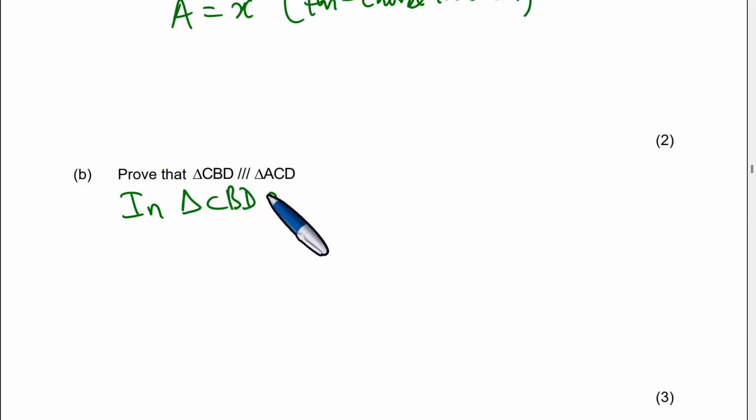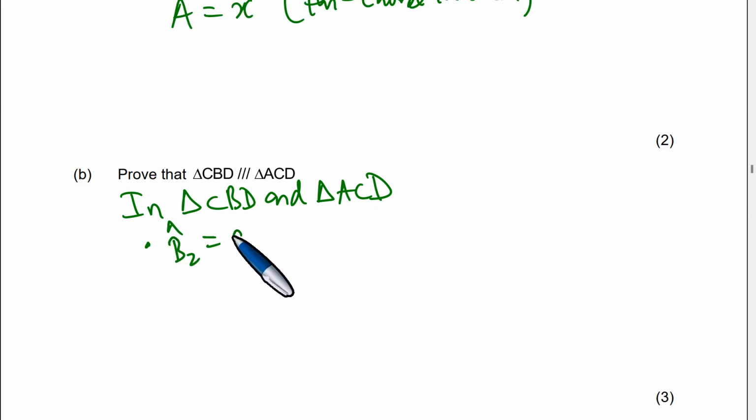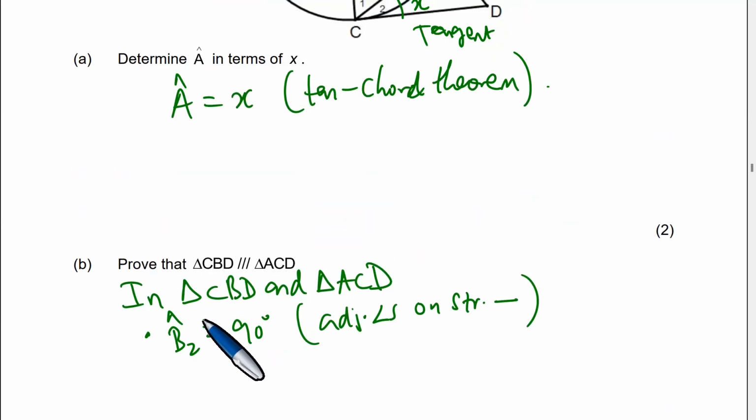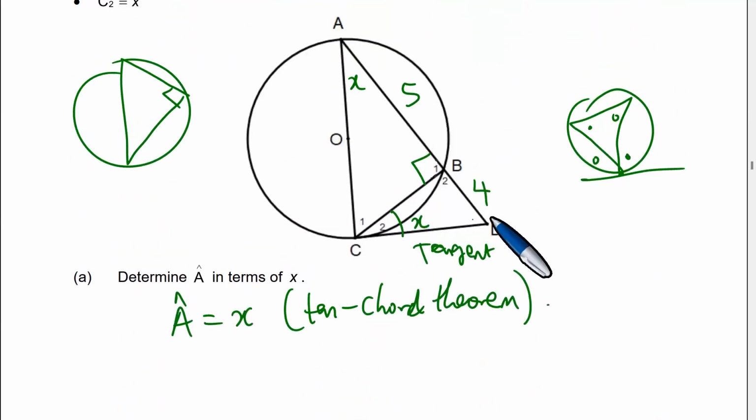Triangle CBD and triangle ACD. B2 equals 90 degrees, and these are adjacent angles on a straight line.